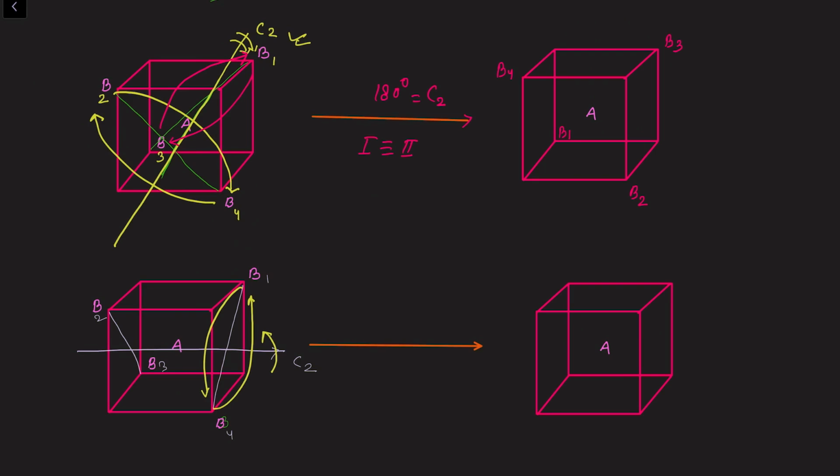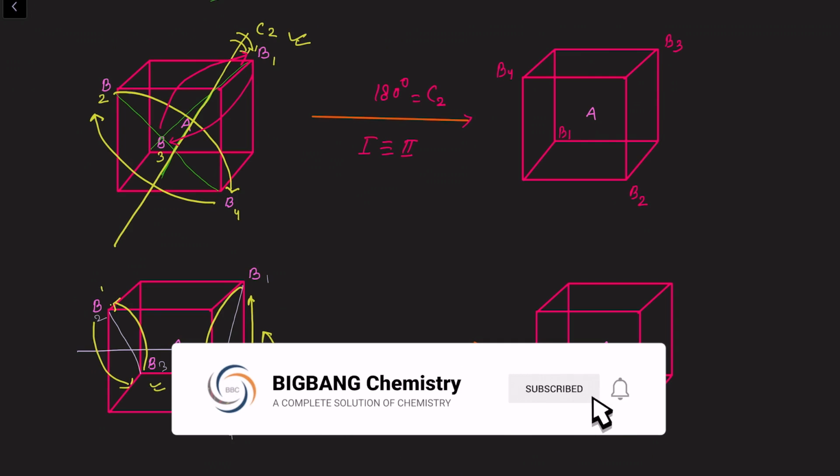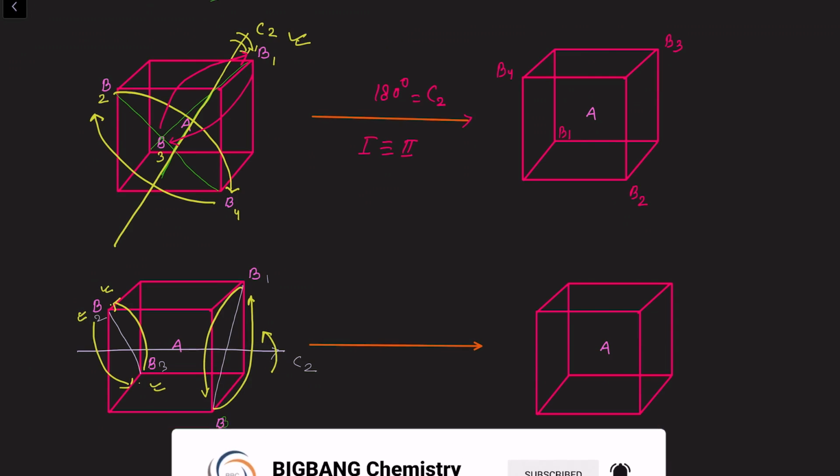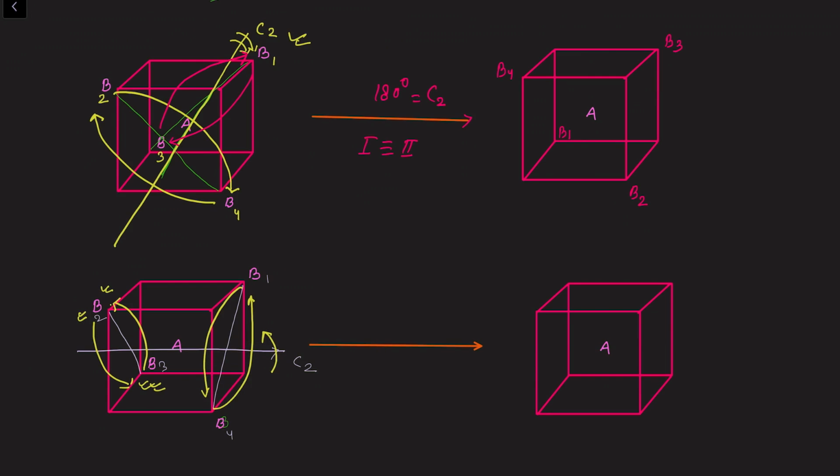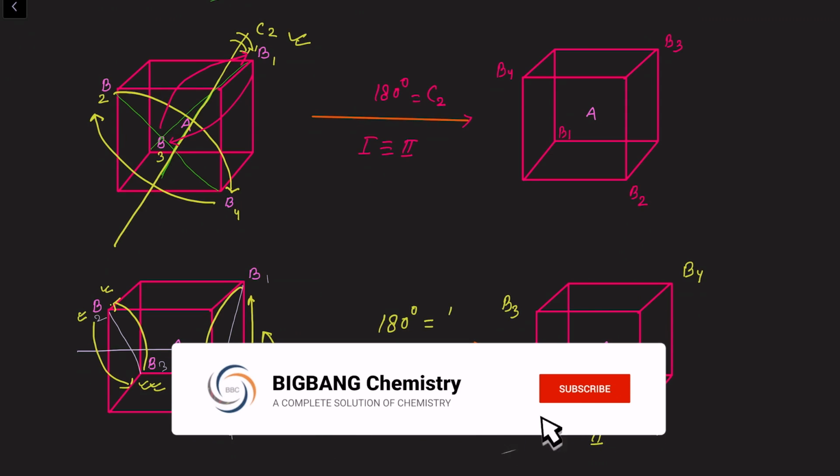Here B3 will interchange its position with B2, and B2 with B3. So what is the new position of B1, B2, B3, B4? Here B4 will come, here B1 will come, here B3 will come, here B2 will come. Again structure number 1 and structure number 2 are equivalent to each other. That's why this rotation by 180 degrees produces one proper axis of rotation, C2.